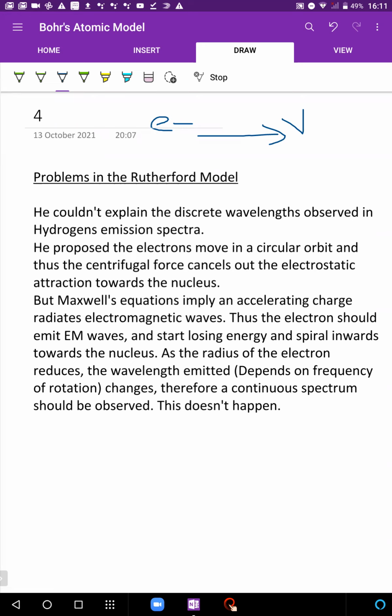But a changing electric field, an accelerating charge, ends up creating an electromagnetic wave. Why does that happen? Maxwell's equations say that when the electric field changes, the magnetic field around it should change. And when the magnetic field changes, which is what you learn in EMI, electromagnetic induction, the electric field around it should change.